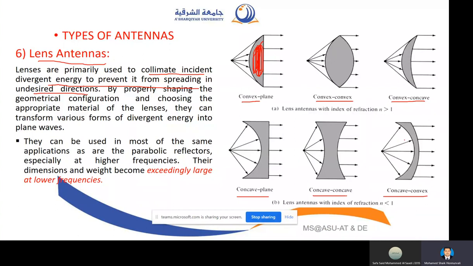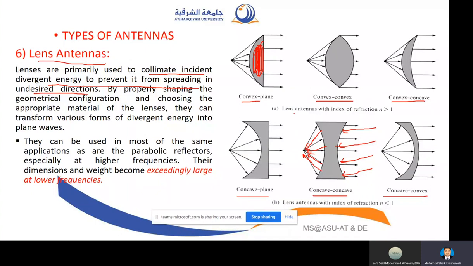You know one thing, the beauty of these lens antennas: if you send the rays from this side, and from the other side you transmit the electromagnetic waves, what happens? Instead of spreading uniformly, they will also collimate. Collimate means join like this, and all the rays will come and join at one particular point.